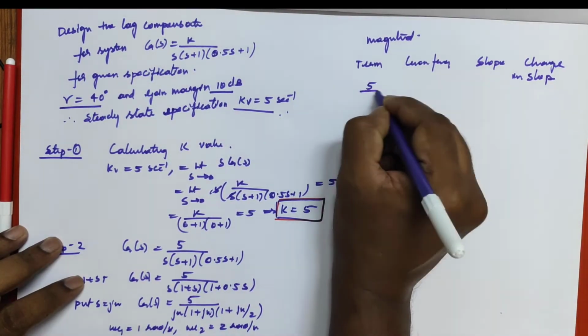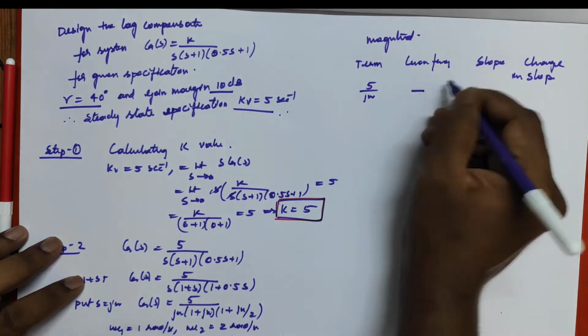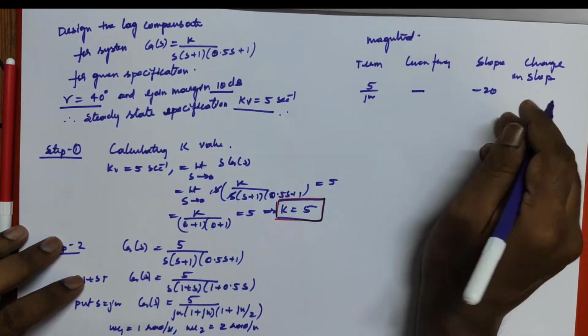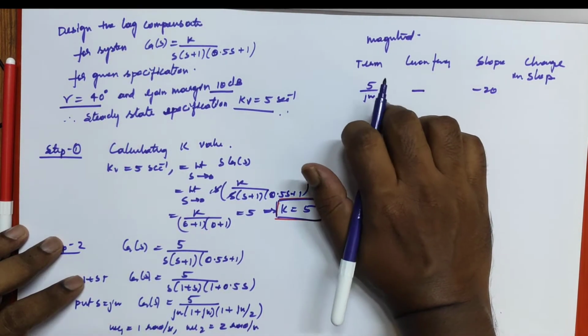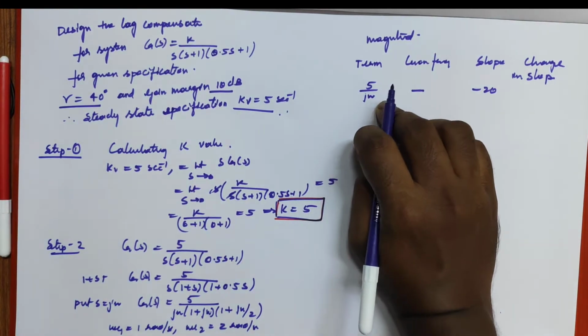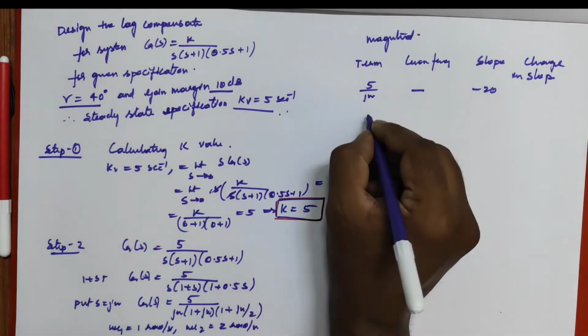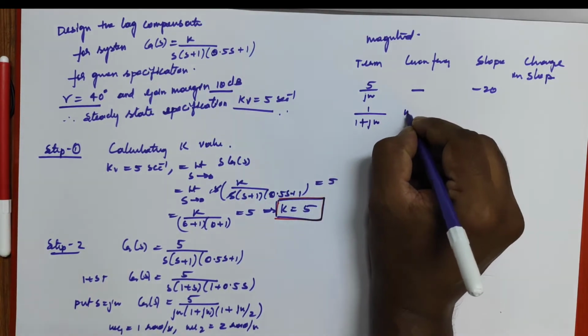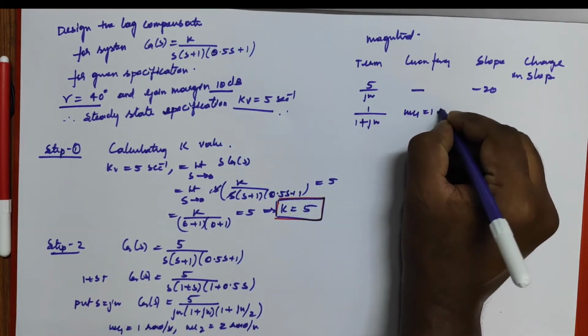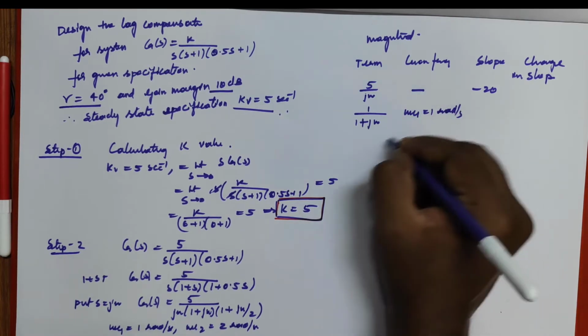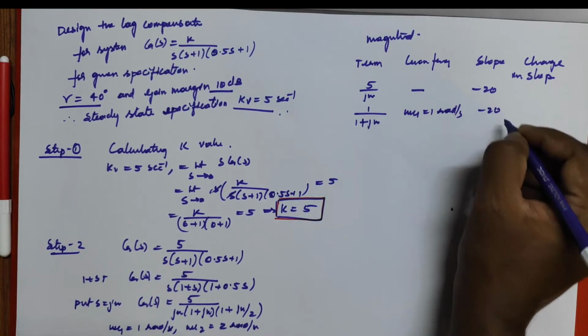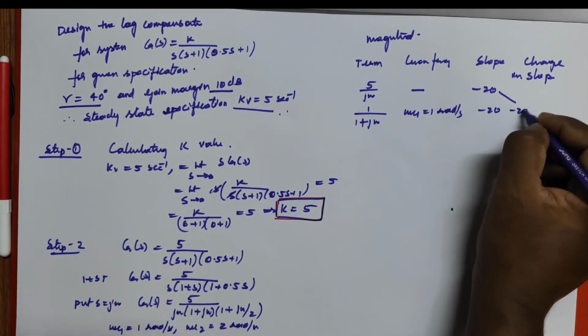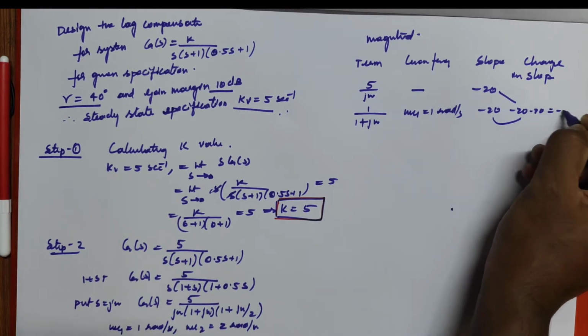It doesn't have any corner frequency, and the slope of the term is minus 20 since it has a pole at origin. The second term is 1 by (1 plus j omega), which has a corner frequency omega c1 equal to 1 radian per second. This is also a pole, so we have minus 20 dB, and there is a change in slope from minus 20 to minus 40.